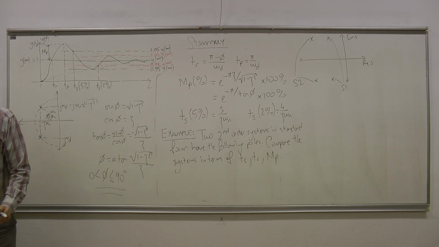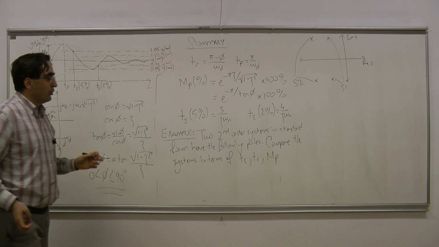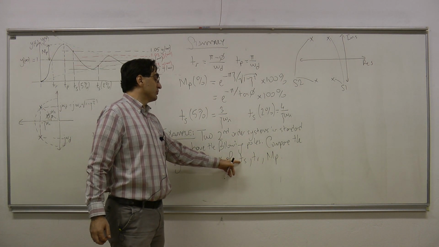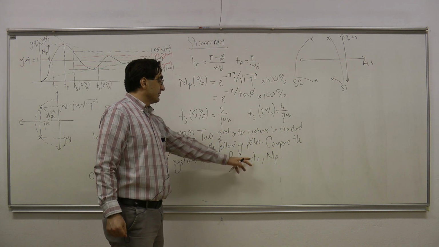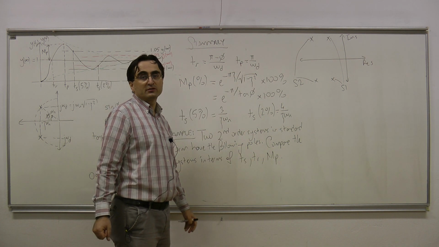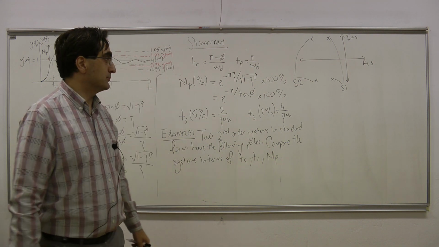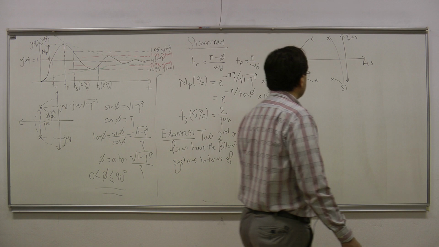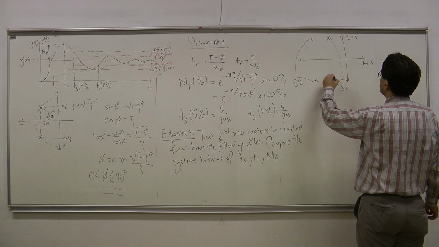Now, by just looking at these pole locations, I need to determine what would be the relationship between the settling times of these two systems and the rise time of these two systems, or the maximum overshoot of these two systems. Okay? So the first thing that I'm going to do is to make some markings here.